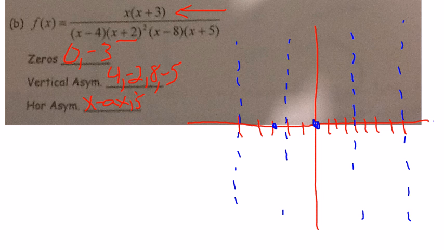I also have my horizontal asymptote at the x-axis, but you probably don't draw that because it's already there. Anyway, now I make a chart, and I want to test a bunch of different values. I have 7 regions to test.